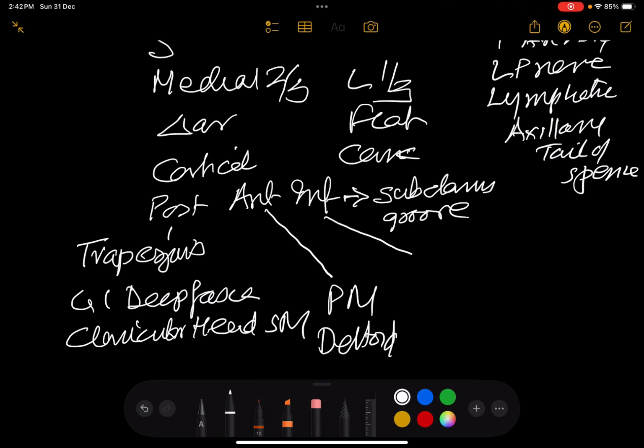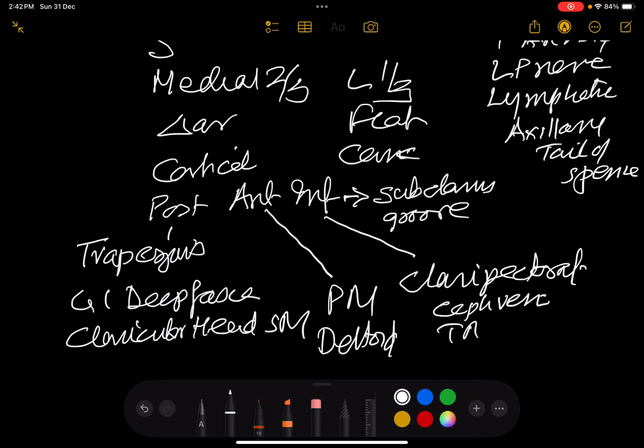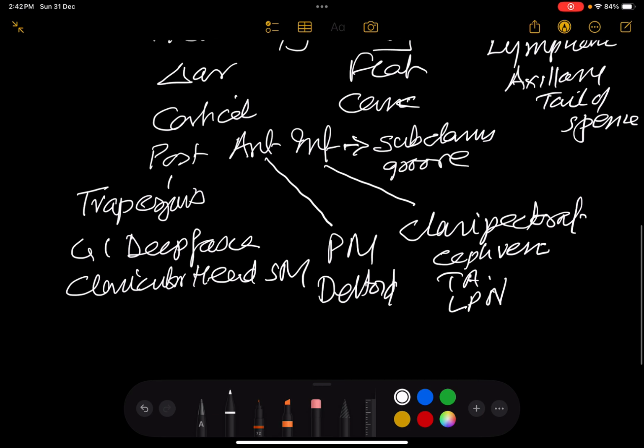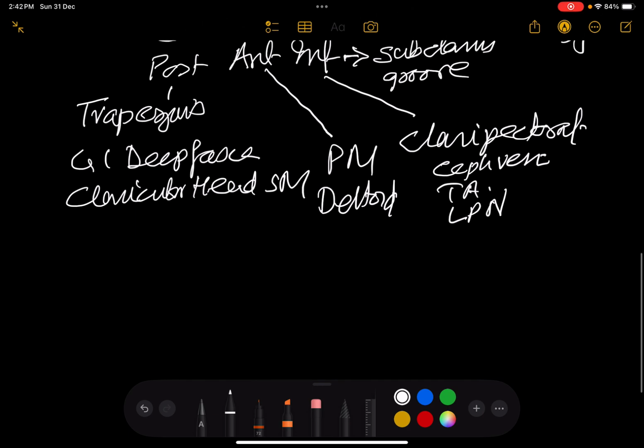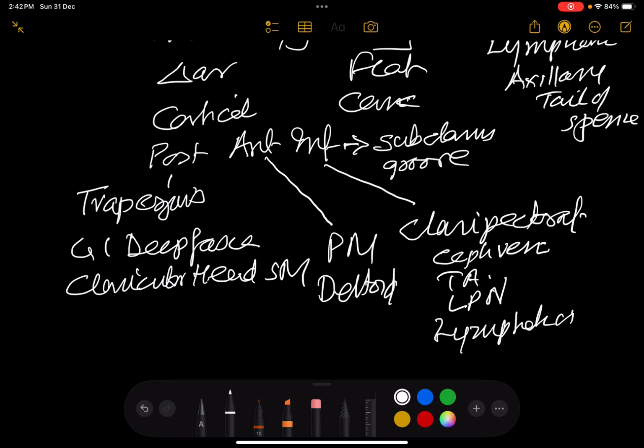The inferior border gives attachment to the clavipectoral fascia, which is pierced by the cephalic vein, thoracoacromial artery, lateral pectoral nerve, and lymphatics. And on the subclavius groove is attached the subclavius muscle.